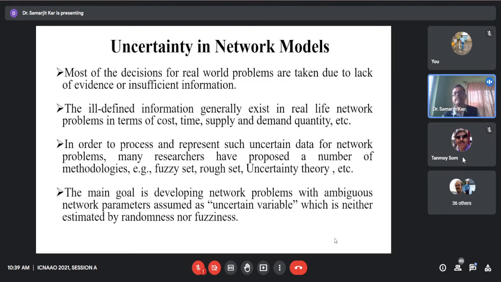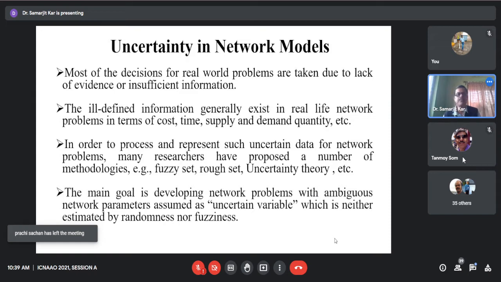And why is uncertainty important in such network problems? Because in any such network problem, there are always cost, time, and other parameters associated, but always some uncertainties are there in the time schedule or different cost parameters.